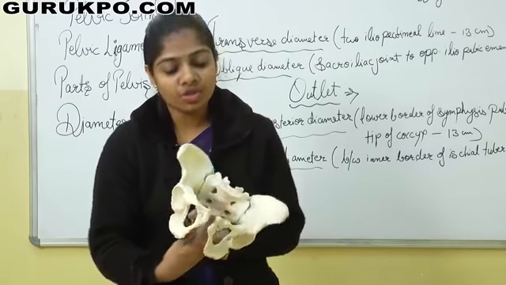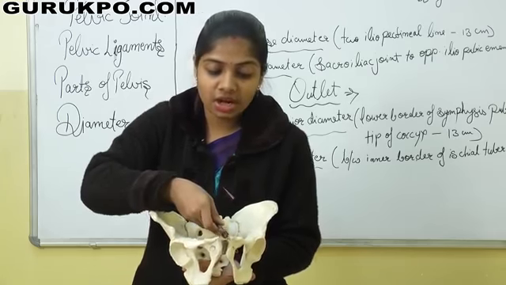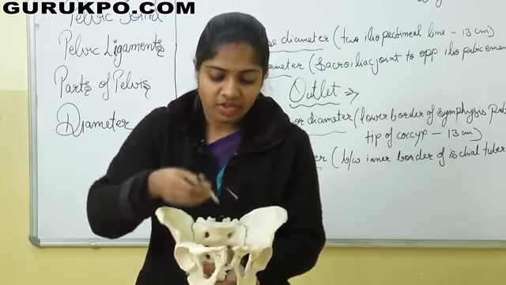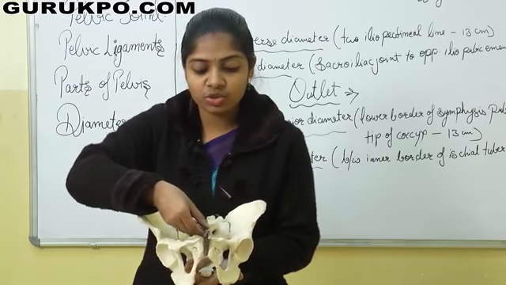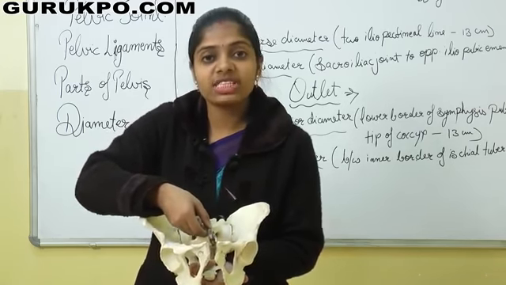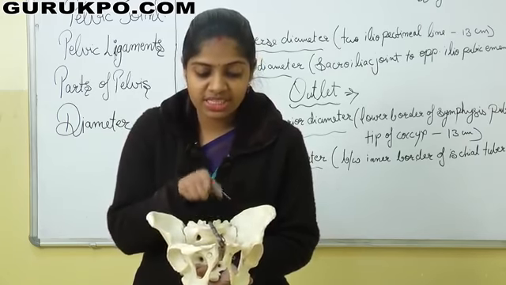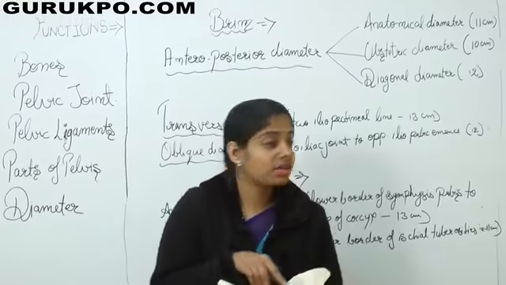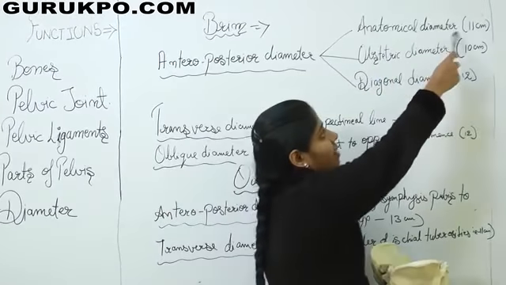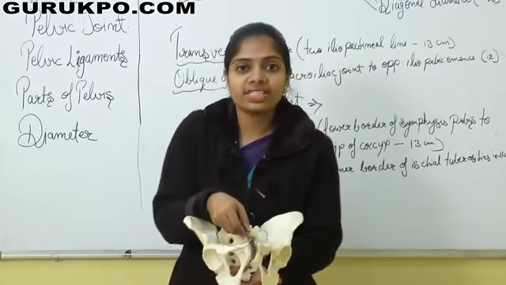Now coming to the anterior posterior diameter or anatomical diameter, which extends from the midpoint of the sacral promontory to the upper border of the symphysis pubis, which is 11 centimeter.